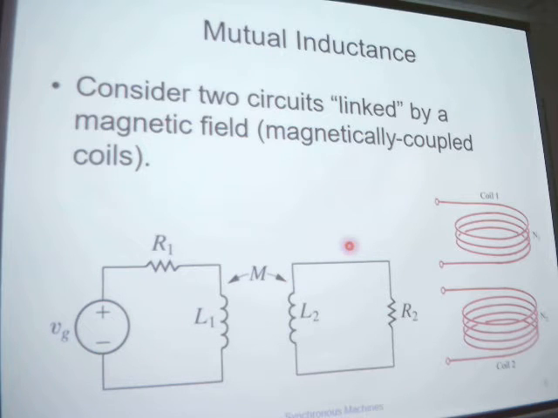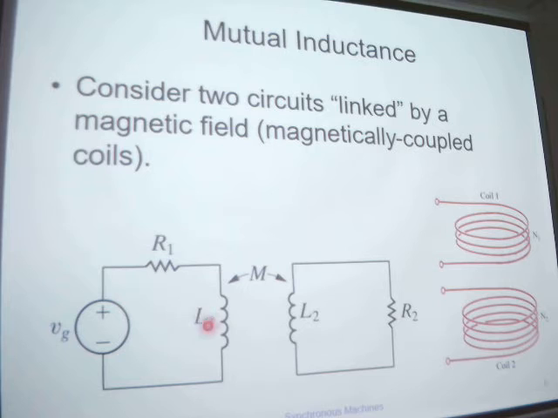Before we learn the equivalent circuit, we have to know the mutual inductance. This is two coils, coil 1 and coil 2. They can be represented by this figure.